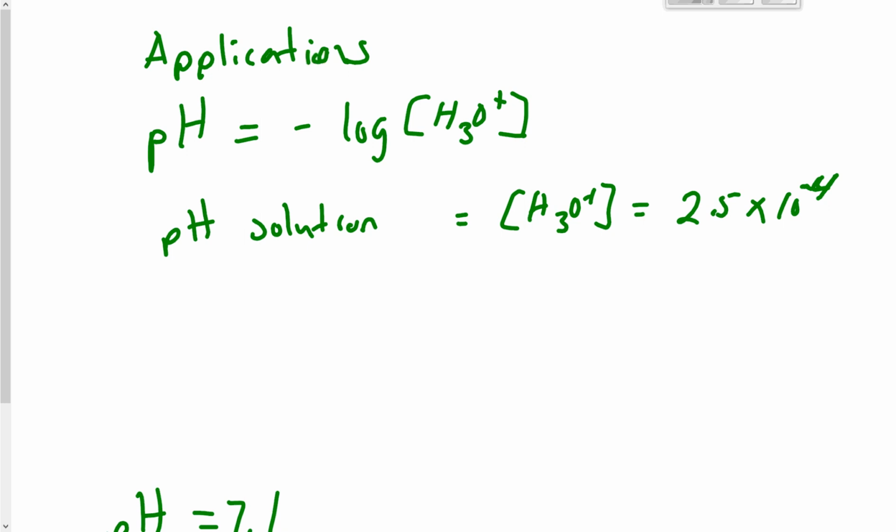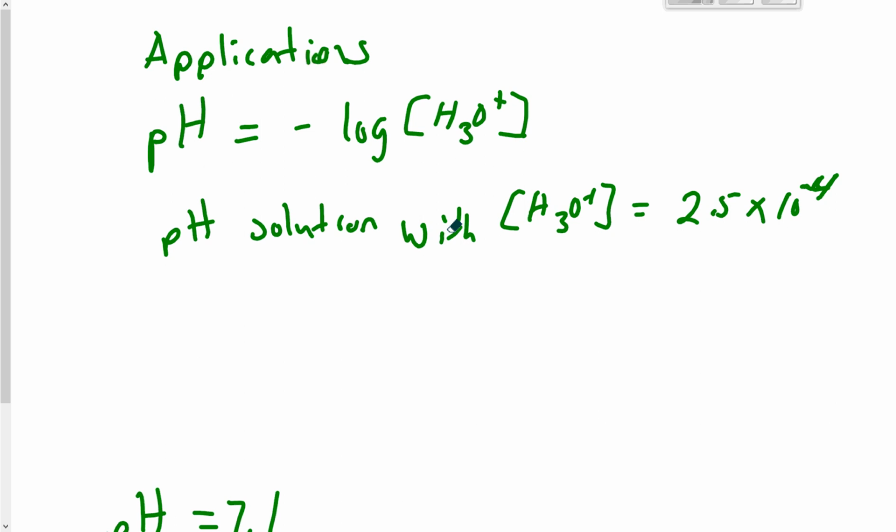Based on this equation, let's look at a solution that has a hydronium ion concentration of 2.5 times 10 to the negative fourth.